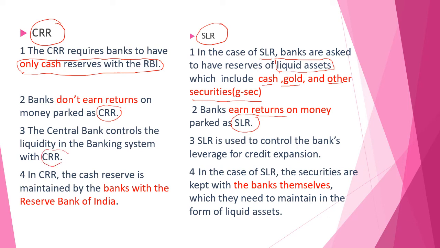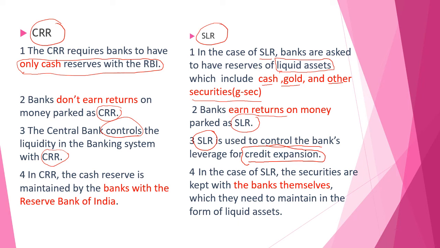The liquidity means money supply in the banking system. Depending on whether it increases or decreases, the central bank controls the money supply. Next, SLR is used to control the bank's leverage for credit expansion. So it's also a tool to limit the credit expansion.